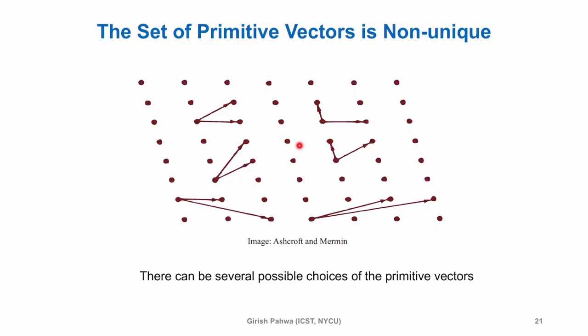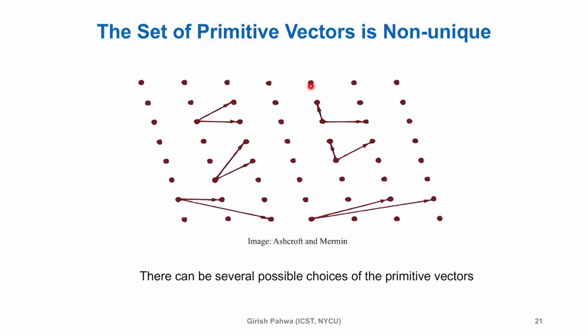So yes, these two are primitive vectors, and then I will do my area calculation and see if it is matching or not. Then I can look in some other direction also. I go in this direction, the first lattice point I find is this, and then I go in this direction, the first lattice point I find is this. So these two vectors are a potential set of primitive vectors.